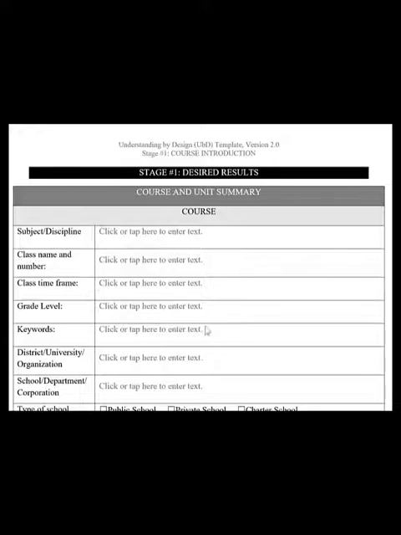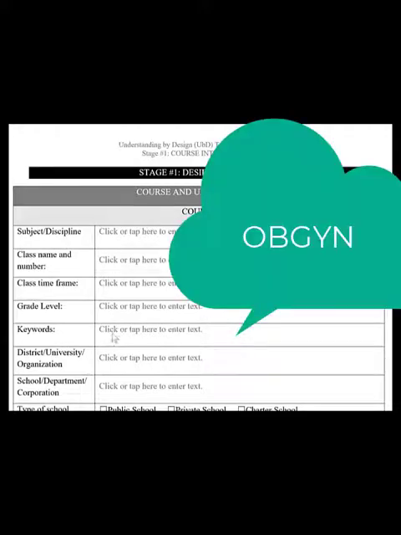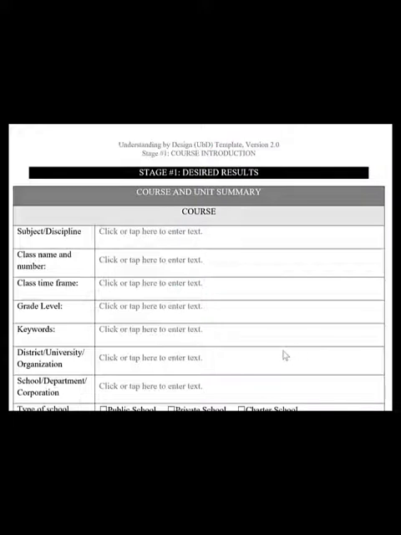Grade level then for medical student education would be like medical student year 1, so it would be M1. Any keywords you'd want to put in there would be next. So if we were going to discuss women's health or OBGYN or cardiology, that would be there.